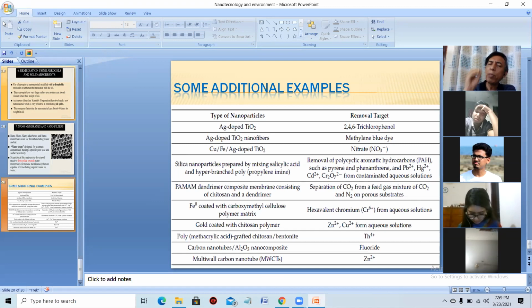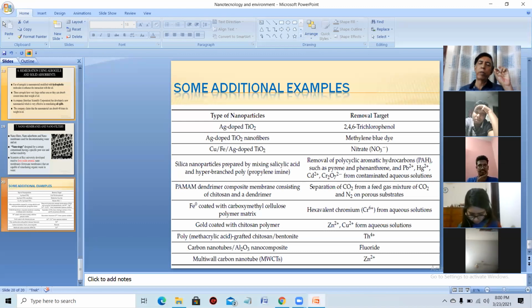So these are very much targeted. That is not universal. You will not find any nanoparticle that universally separates all the contaminants or all the pollutants. And everything I have told you is in the research stage. All these things are in the research stage.